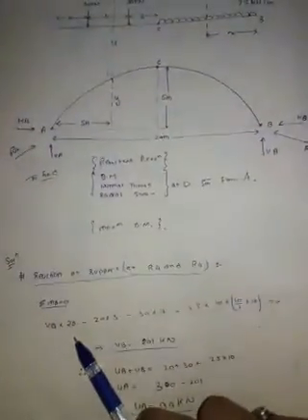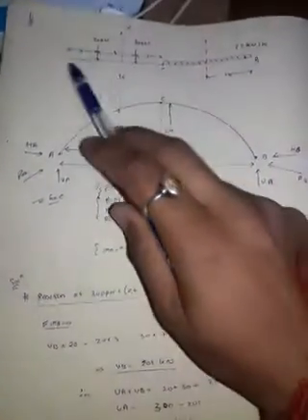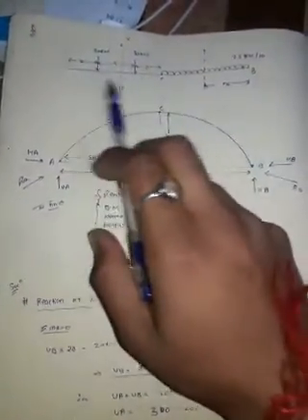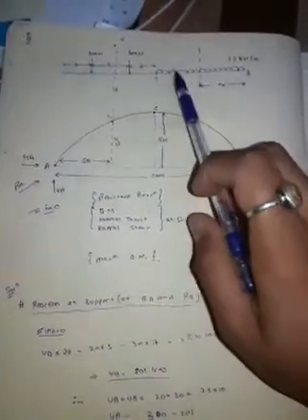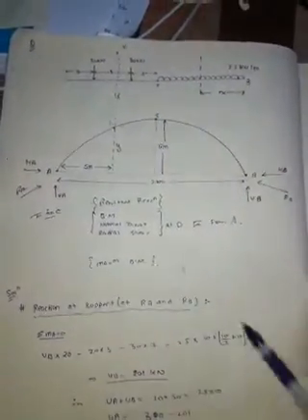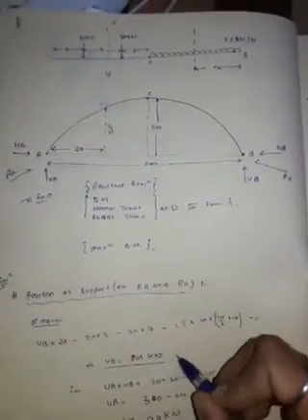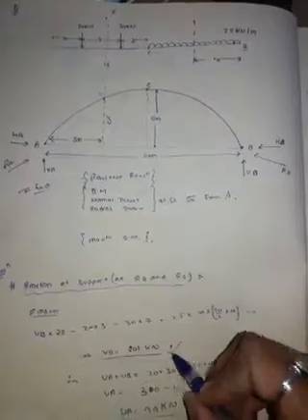So VB multiplied by 20 minus 20 multiplied by 3 minus 30 multiplied by 7, minus 25 multiplied by 10 in the bracket 10 by 2 plus the remaining distance 10. So we calculate the vertical reaction at B support, that is 201 kilonewton.